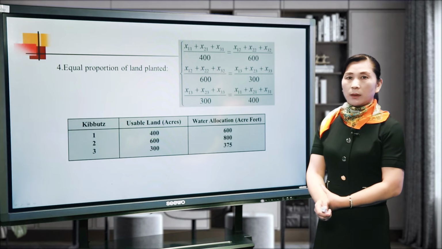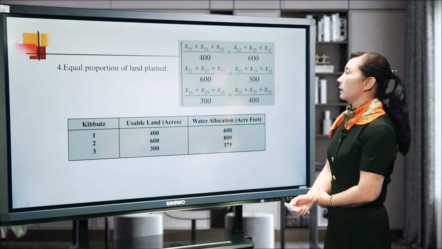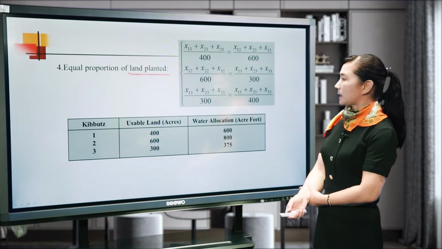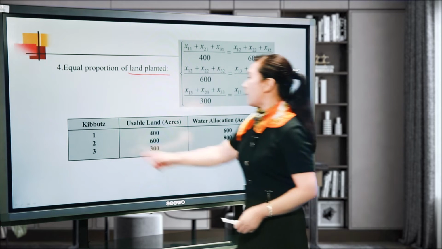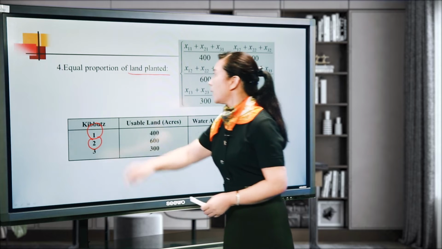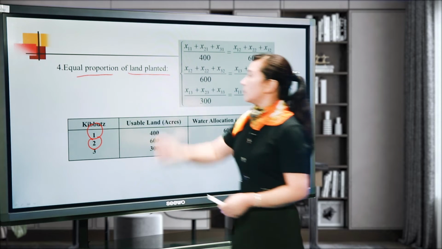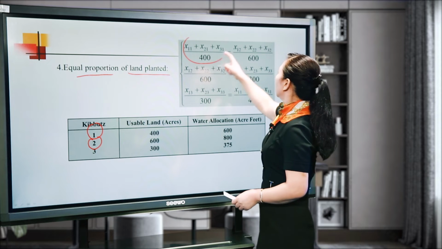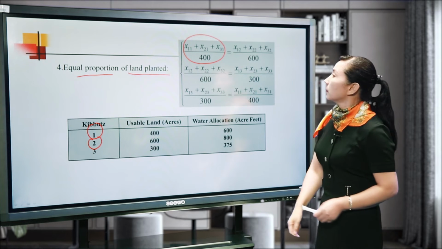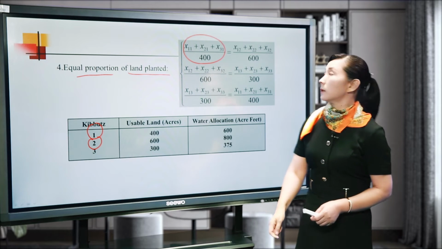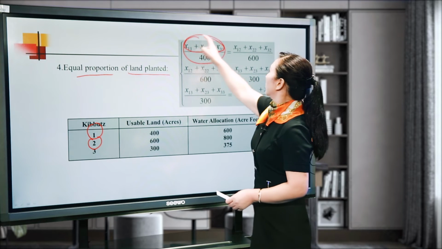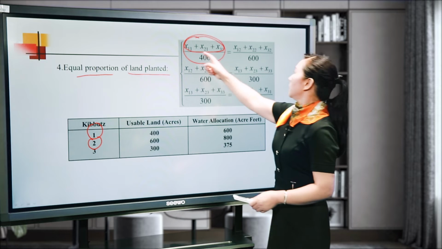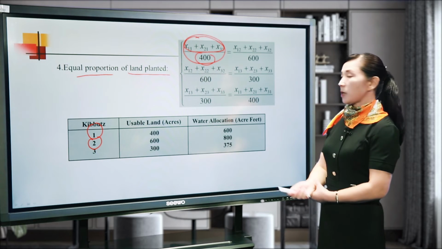So in this problem, there is another constraint: equal proportion of land planted in each kibbutz. That is, kibbutz 1 and kibbutz 2 have equal proportion of land planted. We describe this as: this is kibbutz 1 planted proportion, and this is planted acres in kibbutz 1, and this is the available usable land.